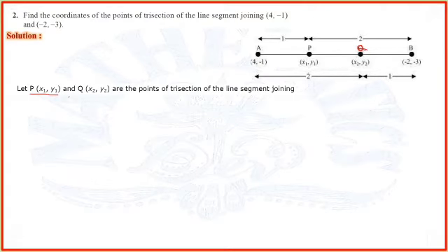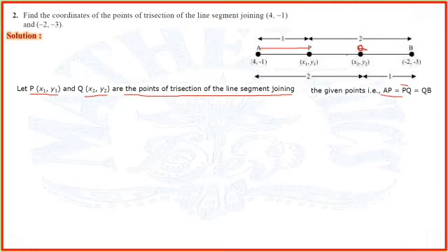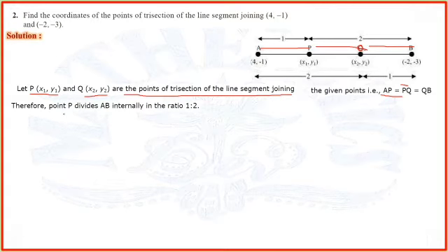So let P (x1, y1) and Q (x2, y2) be the points of trisection of the line segment joining the given points, with AP, PQ and QB. Then point P divides the line segment internally in the ratio 1 to 2, so m1 is 1 and m2 is 2.